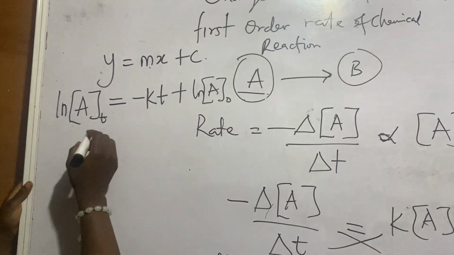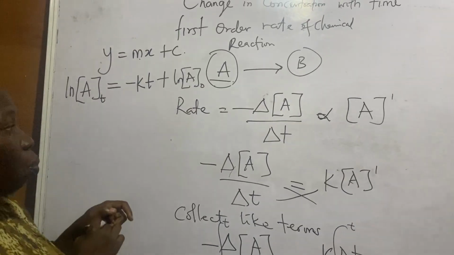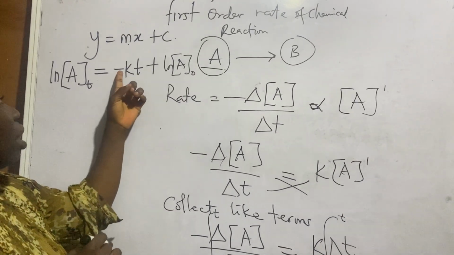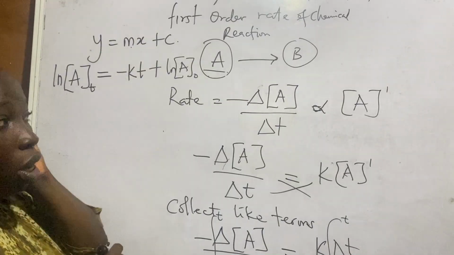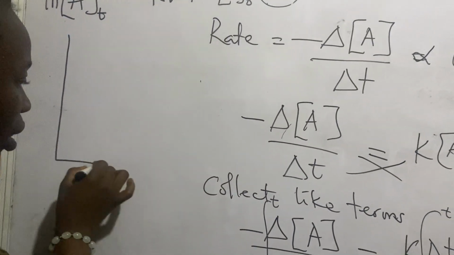So this will give us a negative slope. A negative slope. Why is it a negative slope? Because our k, which is the rate constant, is having a minus sign. So how will the graph look like? It becomes something like this.